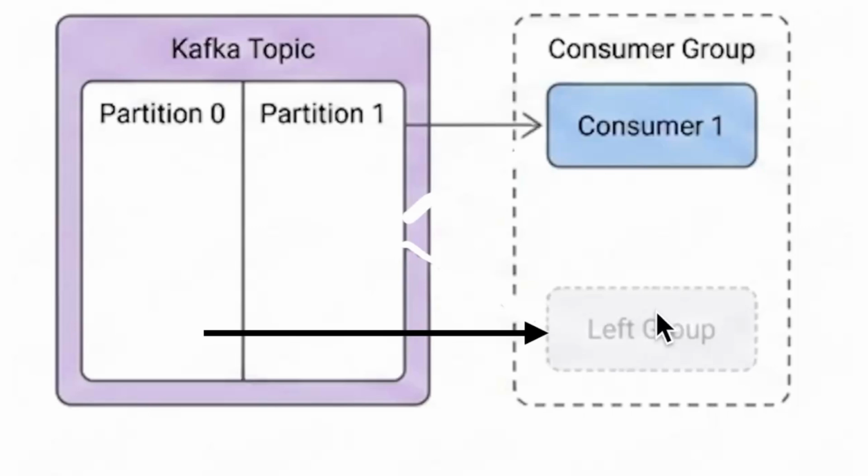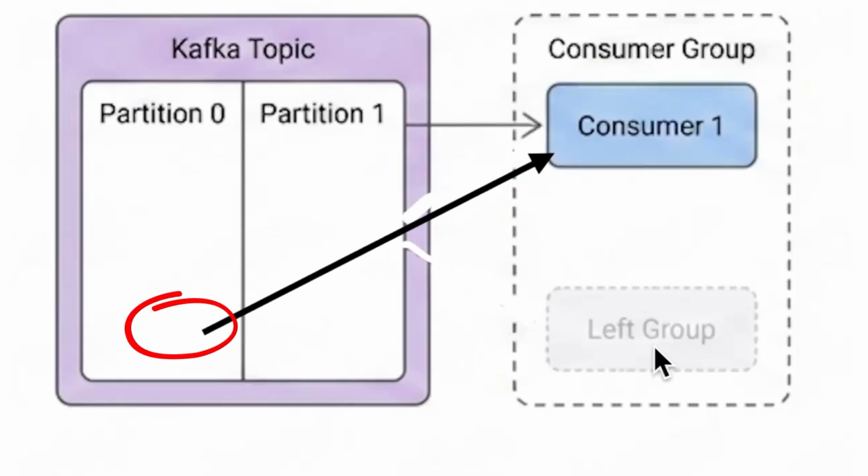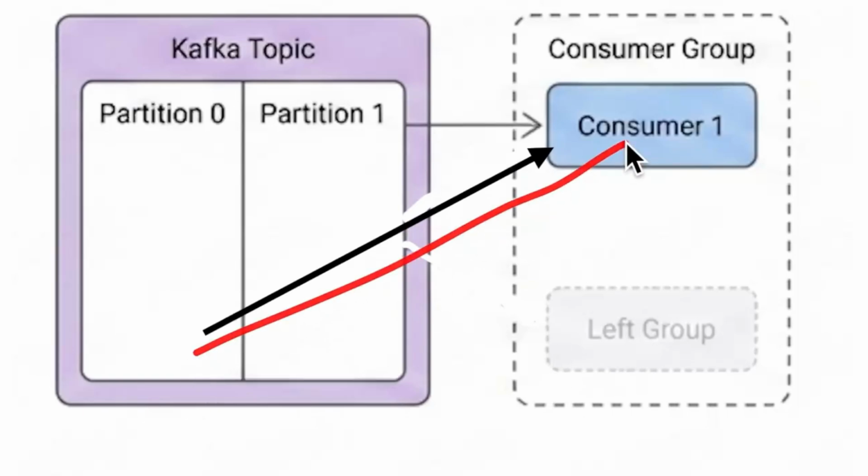So because this particular consumer, let's say consumer 2, cannot send heartbeat to the Kafka broker anymore, Kafka broker assumes that it has died. So it will immediately issue a rebalance. What does that mean? That this partition will be assigned to this consumer. This is how rebalancing works.